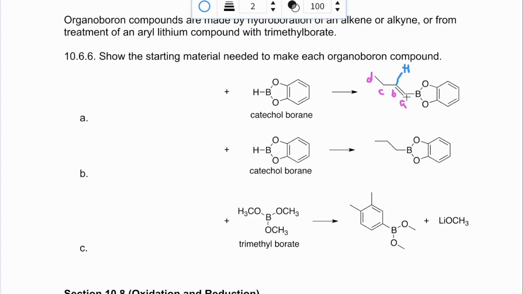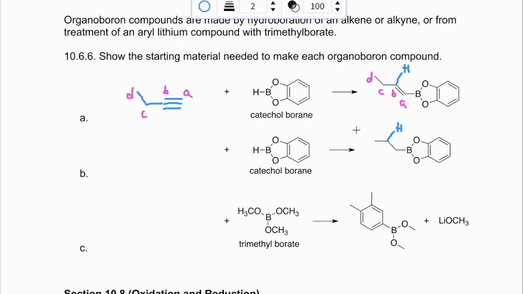Between A and B, there would have been a triple bond, and then you would add the boron to carbon A, the hydrogen to carbon B. So if you had this alkyne here and you did a hydroboration with this borane derivative, it's called catechol borane, then the boron would be adding to carbon A, the hydrogen would be adding to carbon B, and you would have this vinyl boron reagent that you could then use in a Suzuki-Miyaura coupling.